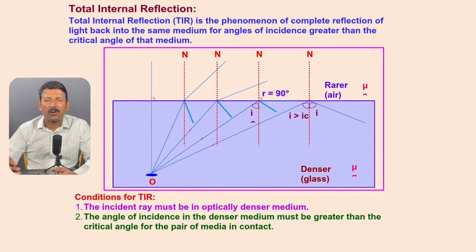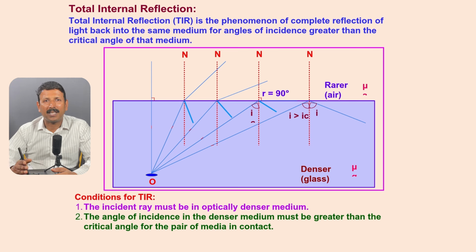Another concept to learn is total internal reflection, an important question in grade 12 CBSE examination from chapter 9, ray optics. Two types of questions are asked: what is total internal reflection, and what are the conditions required for it.